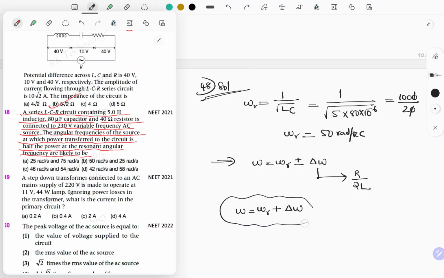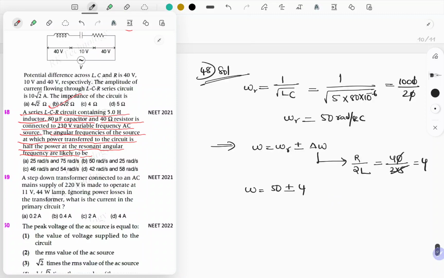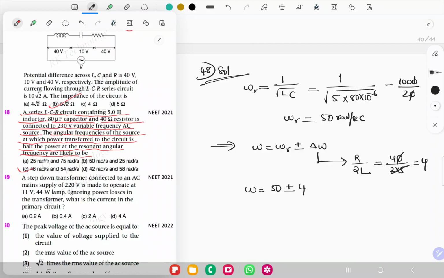These are the two possible frequencies here. So first of all, let's find R by 2L, where R is 40 ohm divided by 2 into 5, 10. This will get cancelled. You are going to get 4. So omega is equal to 50 plus or minus 4. So one is 54. Another one is 46. Option C is the correct answer.